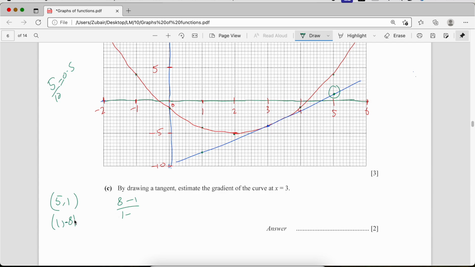Minus 8, sorry, that's minus 8. So this is minus 9 over minus 4, and 9 divided by 4 is 2.25.